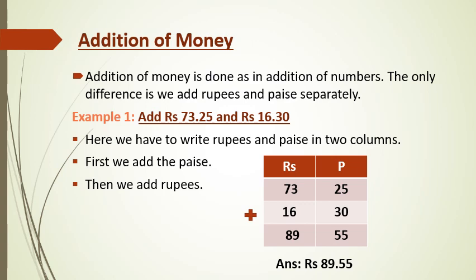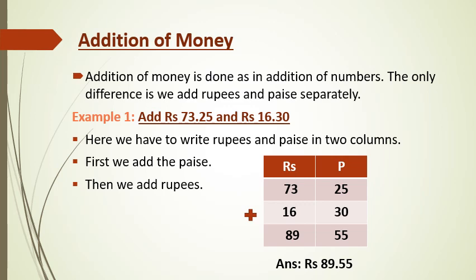Example number 1. Add rupees 73.25 and rupees 16.30. So what we are going to do here, girls? Right. Here we have to write rupees and paise in 2 columns. We know rupees 73.25 means 73 rupees and 25 paise.